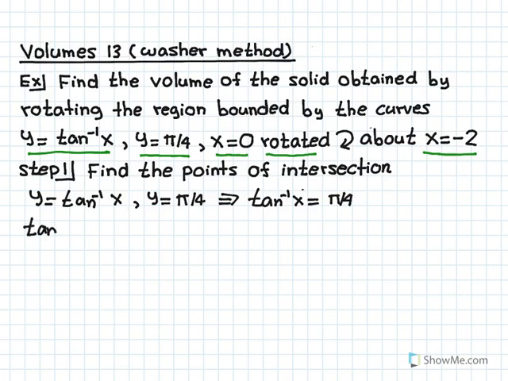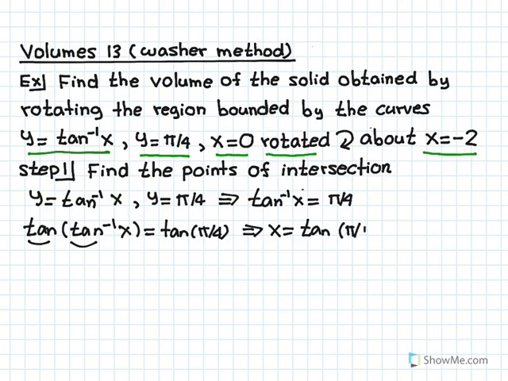So we get tangent of tan minus 1 x is equal to tangent of pi over 4. Tangent and inverse tan cancel out, and we get x. X is equal to tangent of pi over 4. We can apply the 45, 45, 90 triangle, and tangent of pi over 4 is equal to 1. Y is equal to pi over 4, because we started with y equals pi over 4.